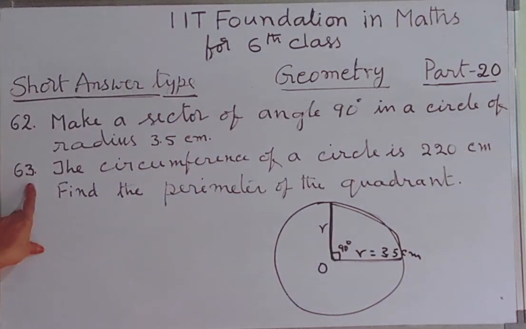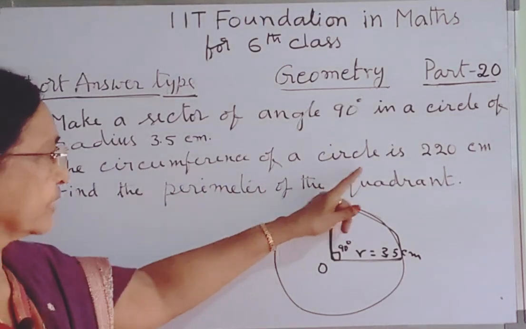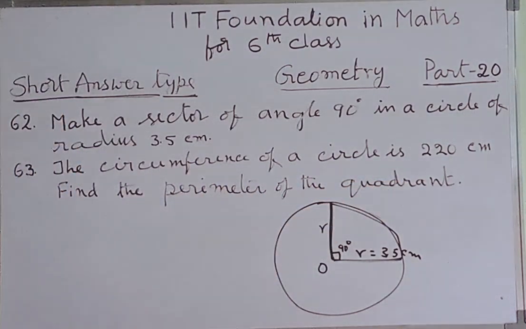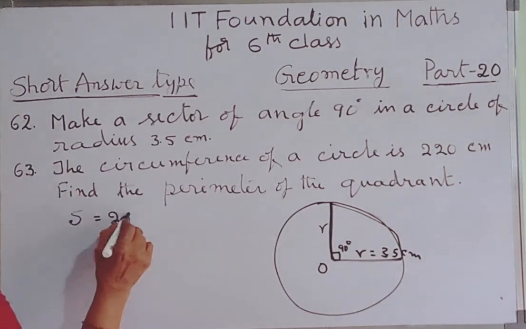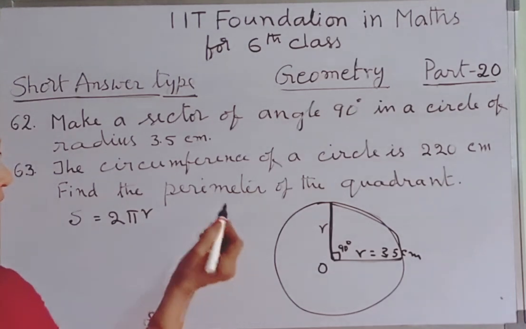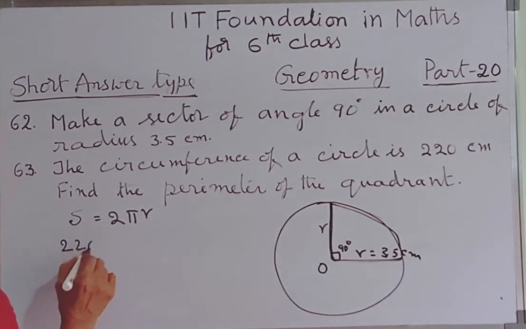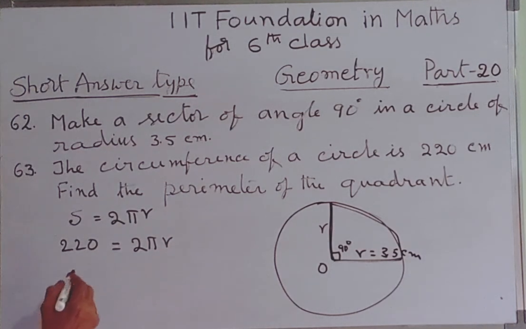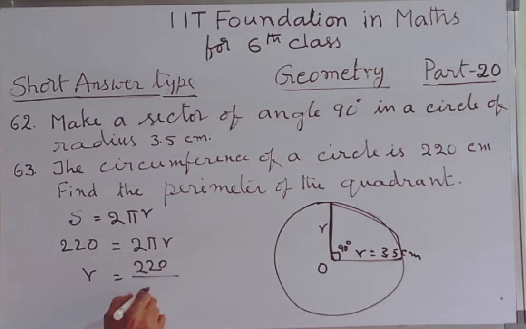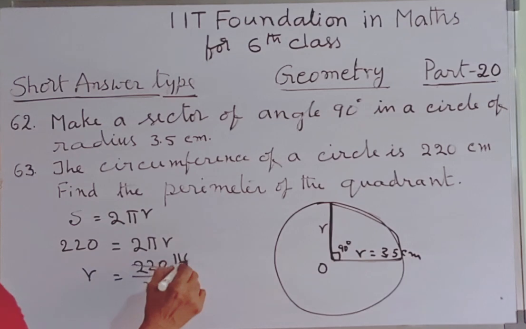So next, 63. The circumference of a circle is 220 centimeters. Find the perimeter of the quadrant. Circumference of the circle is 2 pi r. It is 220 centimeters. Therefore 220 is equal to 2 pi r, or r is equal to 220 by 2 pi. 2 ones are 2, 2 elevens are 22, and 1.